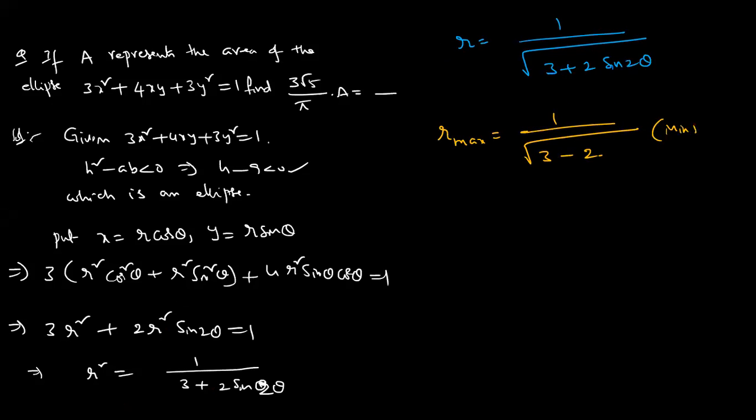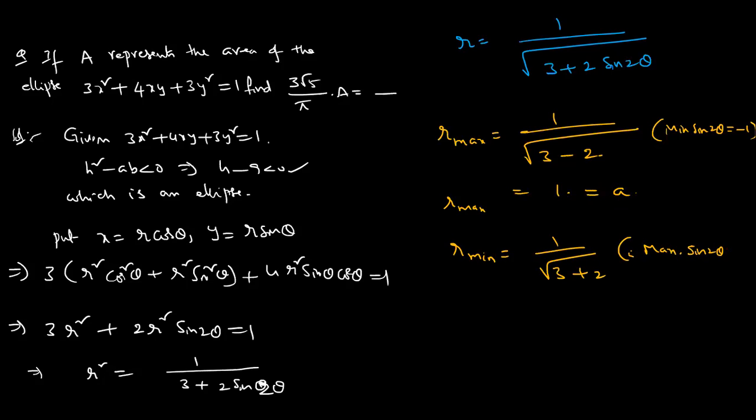So the minimum of sin 2 theta is how much? Minus 1. This is 1, that is the semi-major axis. Now I need the minimum. Can you guess the answer? The maximum of sin 2 theta is 1. That is B.